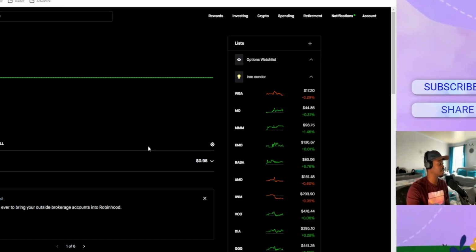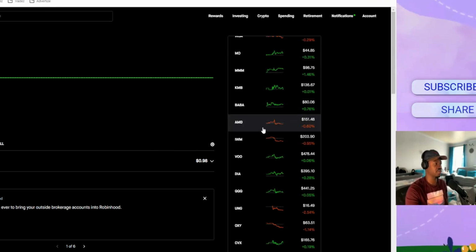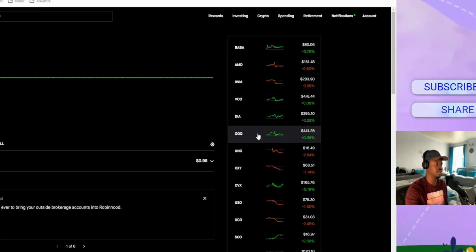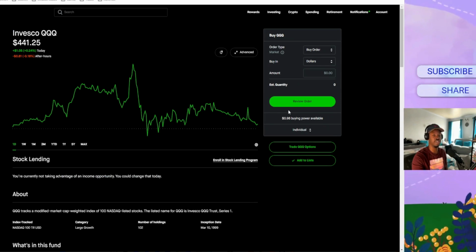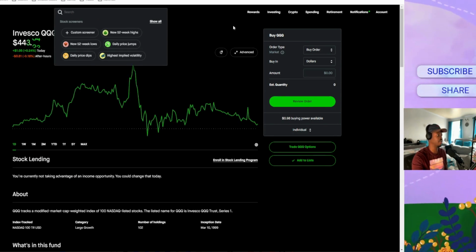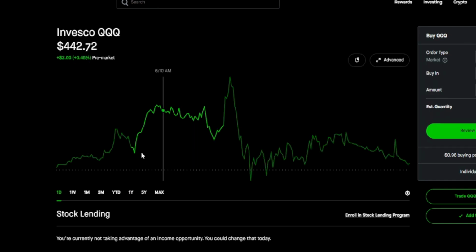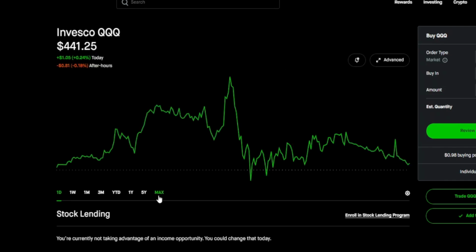So let's just say I have heard about QQQ and I want to buy QQQ shares on Robinhood. Once you log in and verify your account, you can search for QQQ here and it will pop up, or it gives you a list of shares where you can select QQQ from. Now this is the graph for QQQ for today, and it also gives you QQQ for a week, a month, 3 months, a year, 5 years, and max.